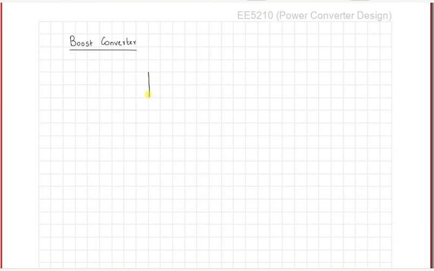So what we have in the boost converter is an input voltage source Vg, which comes in series with an inductor, and then you have a switch A that can be closed to charge this inductor.